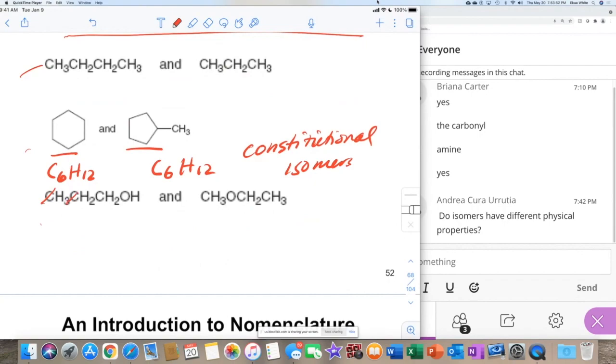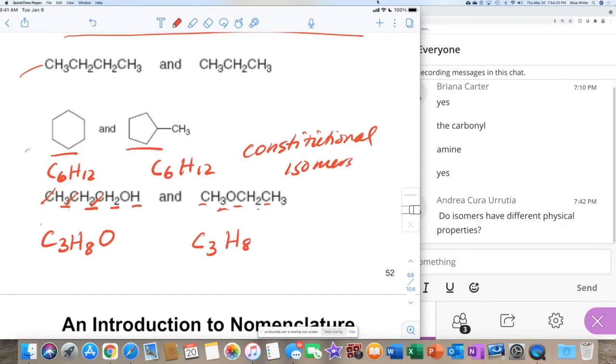What about this one? Same thing. 1, 2, 3 carbon, C3. Hydrogens, 3 plus 2 plus 2, that's 7, right? 8. I stumble with the counting part. 8, and then this is 0. So C3H8, 0. And then 1, 2, 3 carbons, so C3. 3 plus 2 plus 3, that's going to be 8.